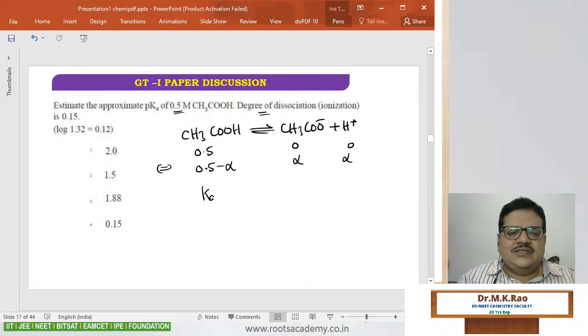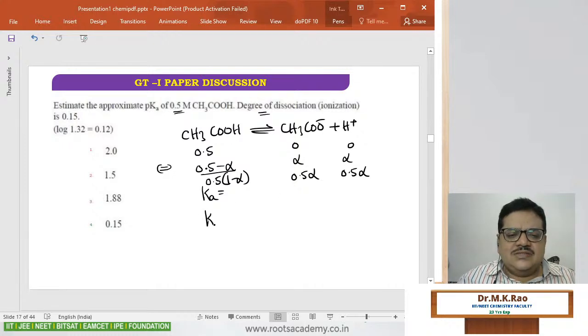Now for the acid dissociation constant, whenever concentration is given, you cannot write directly like this. You should write 0.5 into 1 minus alpha. It is 0.5 alpha.